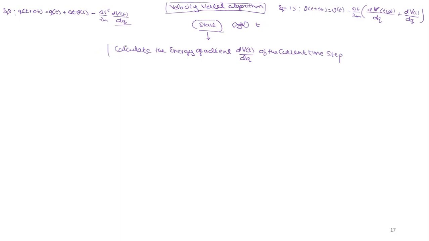This is what we do first. When we start MD simulation, the first thing that we do is calculate the energy that is associated with the structure that we have started with.